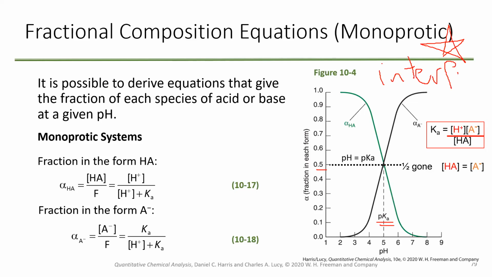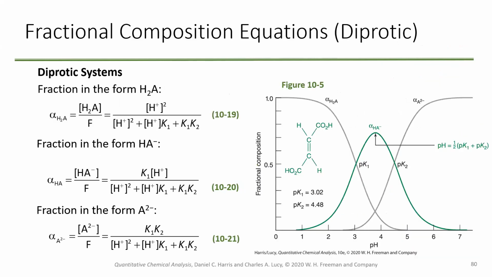You should also be able to interpret this and say, at a given pH, like let's say 6, how much of the one form do I have, and how much of the other form do I have, and to be able to read that. If you're doing another one, again you're looking for these intersections, that's going to give you pKa1 and pKa2.